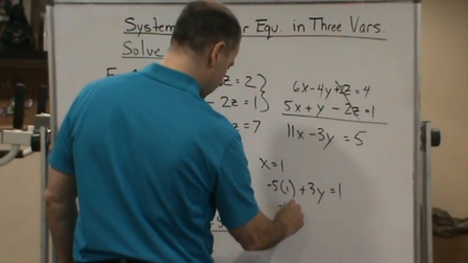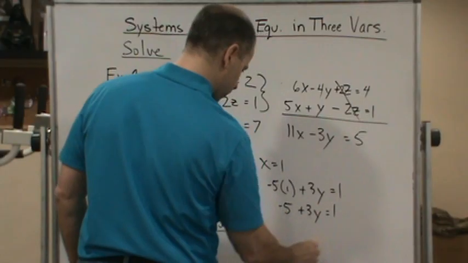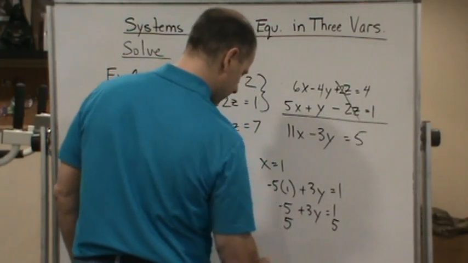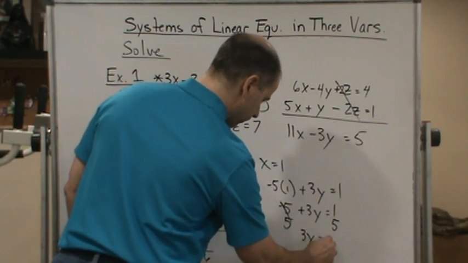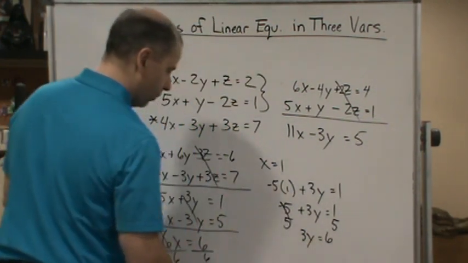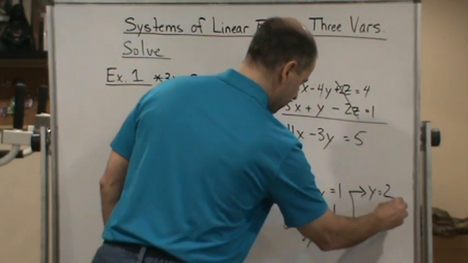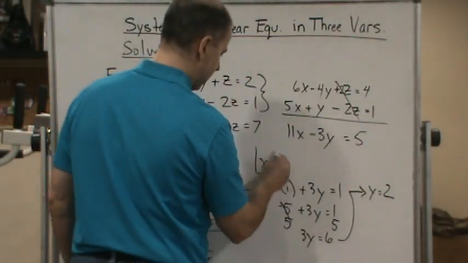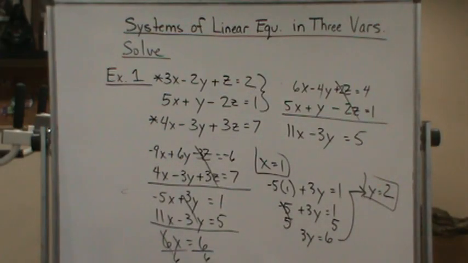So this is going to be negative 5 plus 3y equals 1. I'm going to add 5 to both sides. And so what happens? I get 3y equals 6, which then gives me y equals 2.